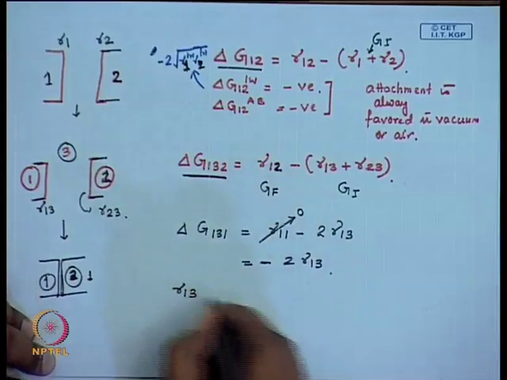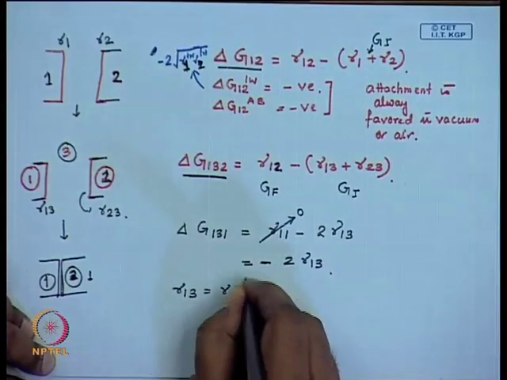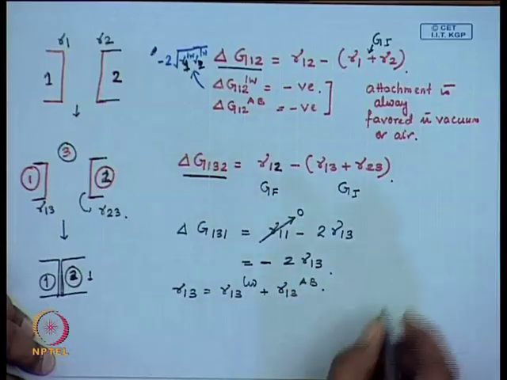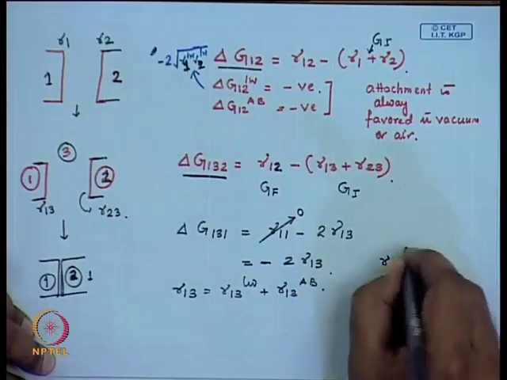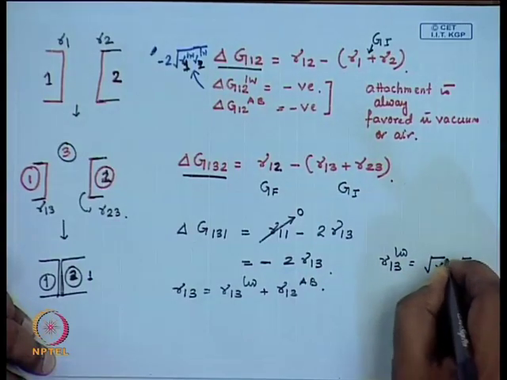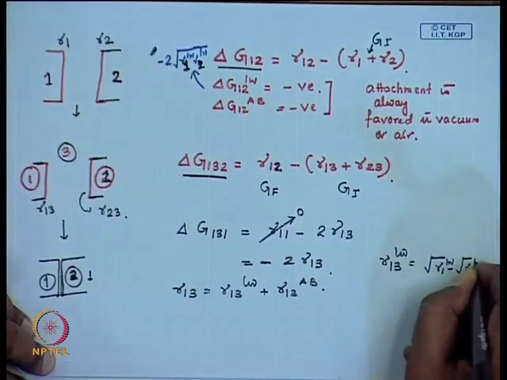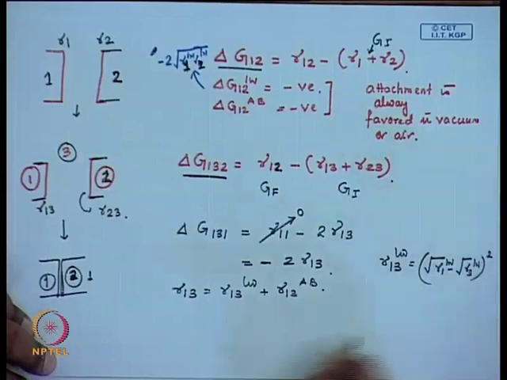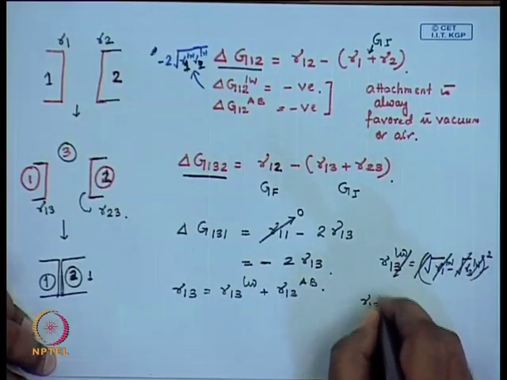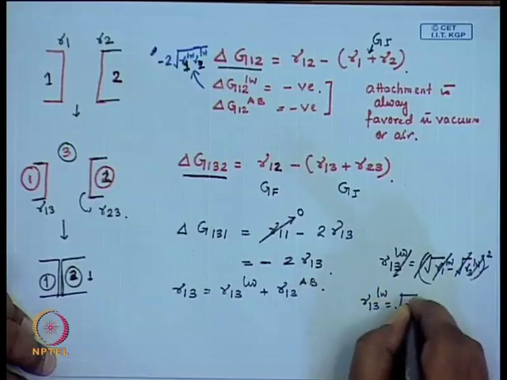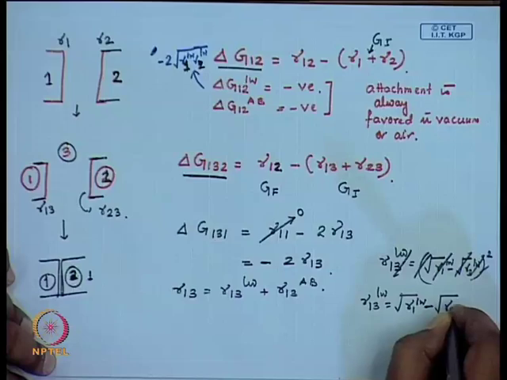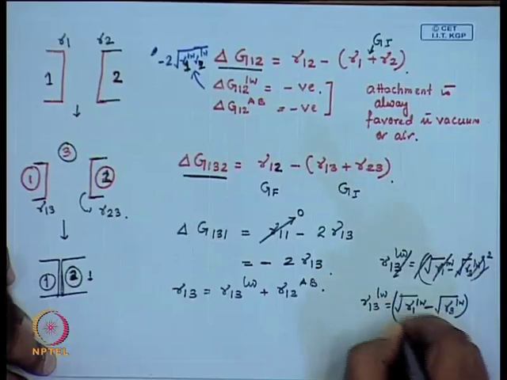We know that gamma 1 3 is gamma 1 3 LW plus gamma 1 3 AB. We also know that gamma 1 3 LW has the form, I think I will rewrite it, gamma 1 3 LW is equal to the square of under root gamma 1 LW minus under root gamma 3 LW.